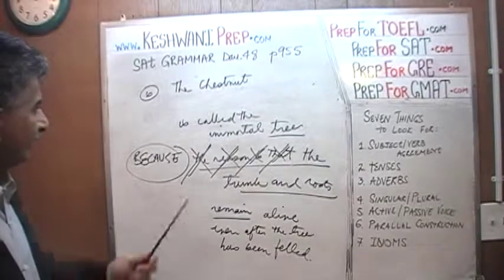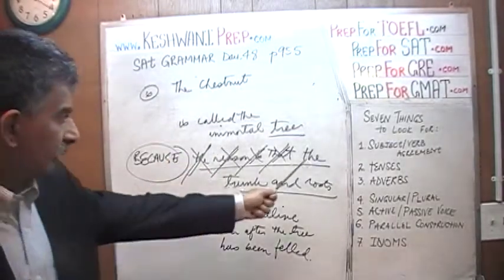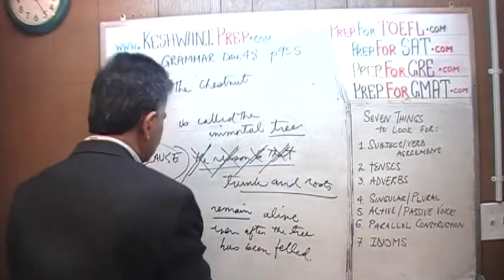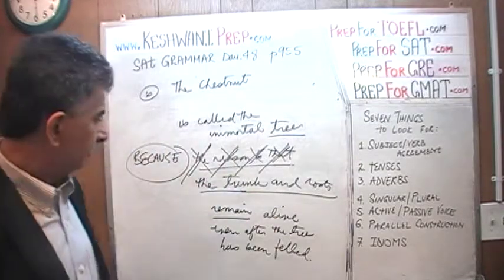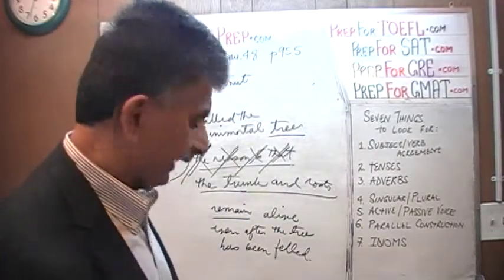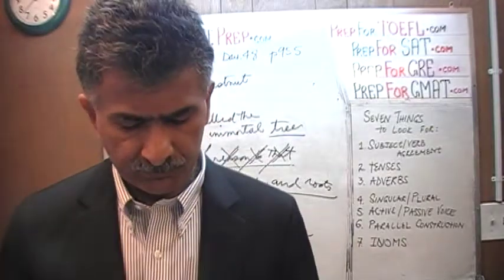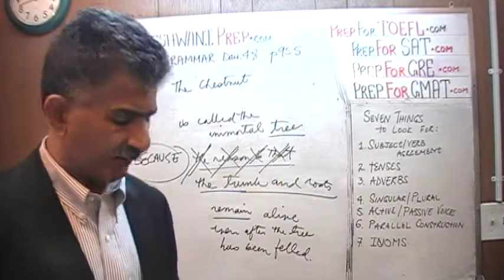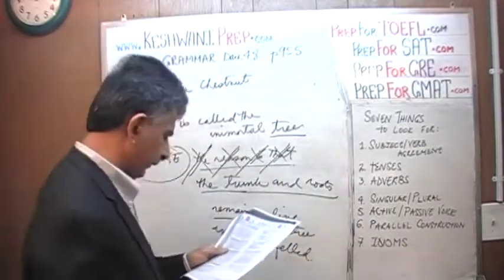Now the sentence reads: the chestnut tree is called the immortal tree because the trunk and the roots remain alive even after the tree has been felled.